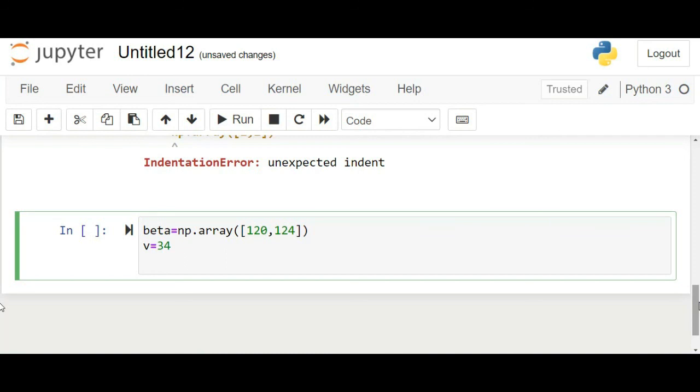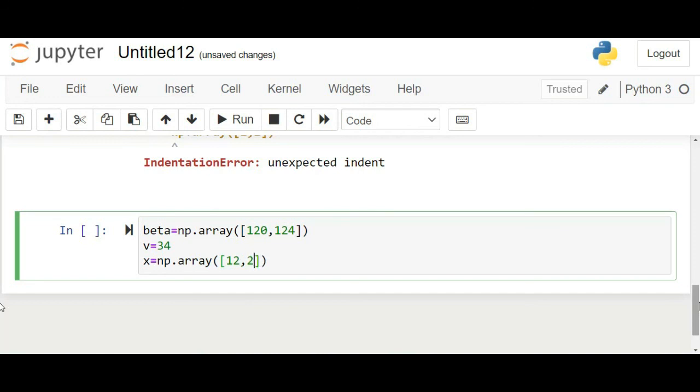And then x is equal to np.array. Inside the parenthesis we shall write the square bracket, and for any value, just like 12 comma 2.